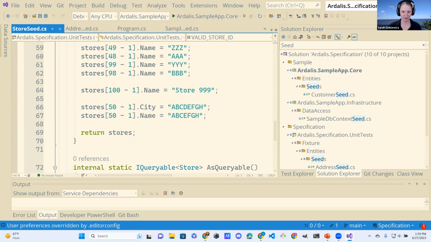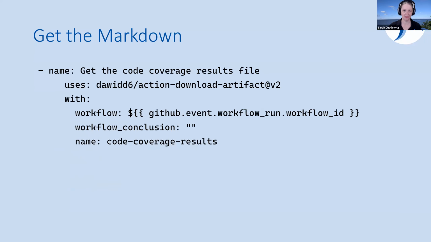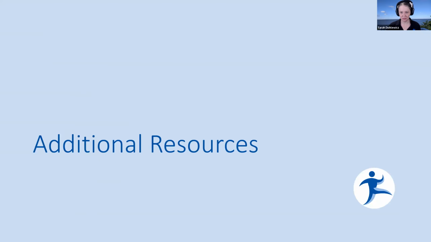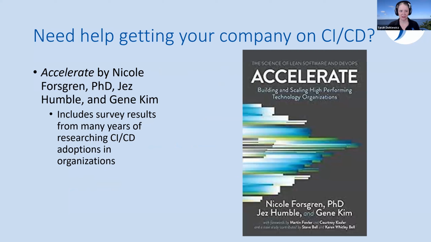All right. Couple more slides. So additional resources. Let's say you're at a company who is having a hard time coming around to CI/CD. There's this book, Accelerate, that I learned from the crew at DevBetter. DevBetter is one of our communities that our Dallas has for mentoring other developers as well. And one of the things that they have is a book list, and Accelerate was on their book list, but it has a lot of survey results.